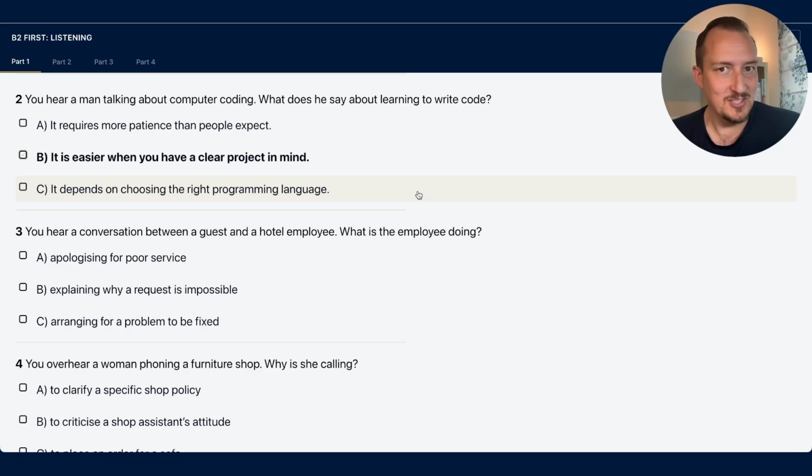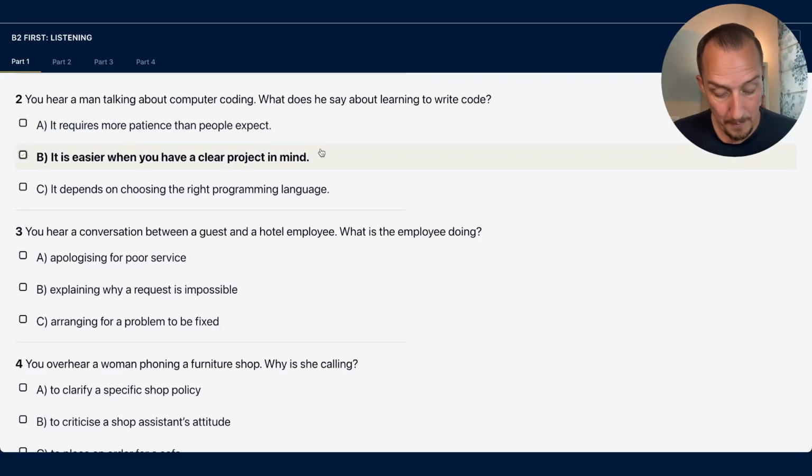So it doesn't depend on choosing the right program. And he almost gave up a few times, but he doesn't ever talk about patience, or certainly more patience than people expect. He just says, "I nearly gave up a few times."